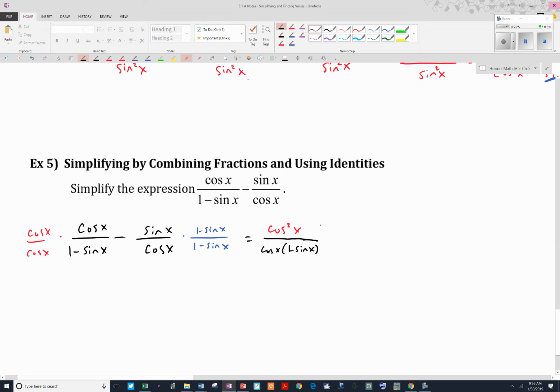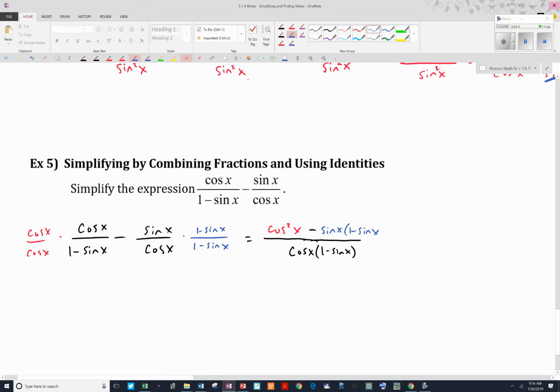In fact, I'm going to combine everything into one fraction right away, so that we have that one denominator here, cosine of x, 1 minus sine of x. And then the other product, multiplying those together, we're going to have sine times 1 minus sine of x.